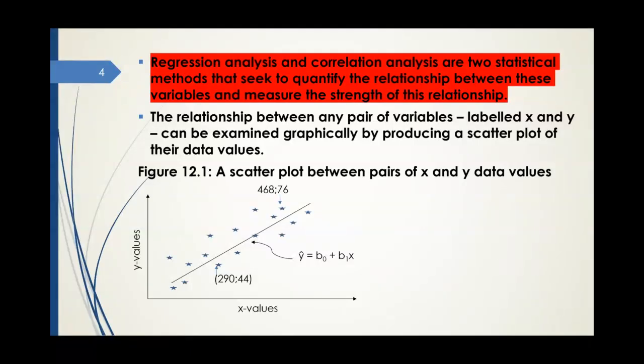So if we spend 290 Rand on advertising, then we have sales volume, which is your Y values, of 44 units, for example, or 44 Rand, depending on whether we're using units or Rands, okay? And we use the different data points to construct our line, okay?